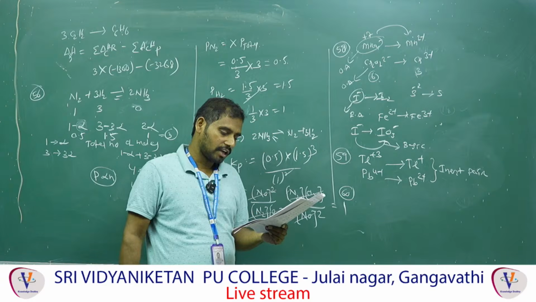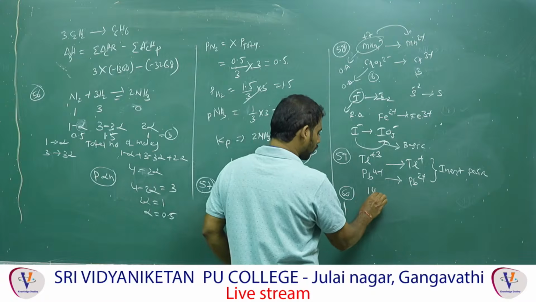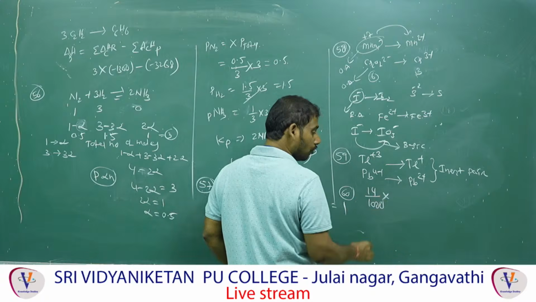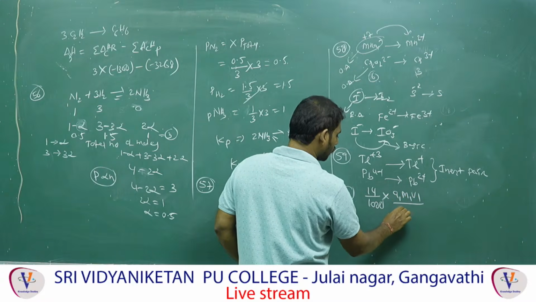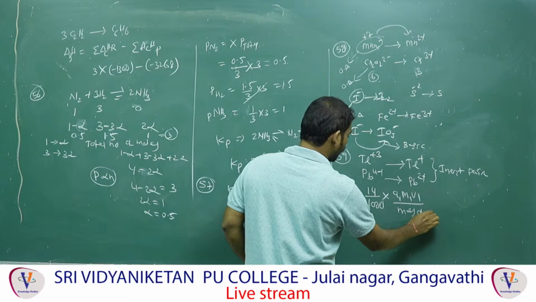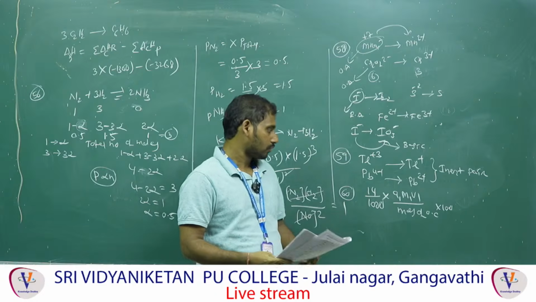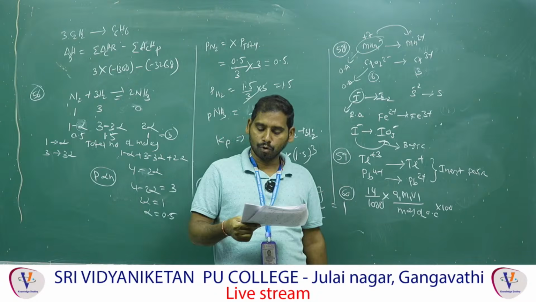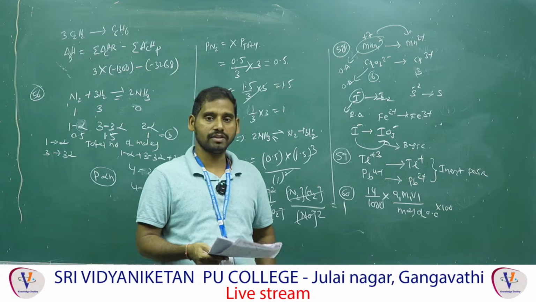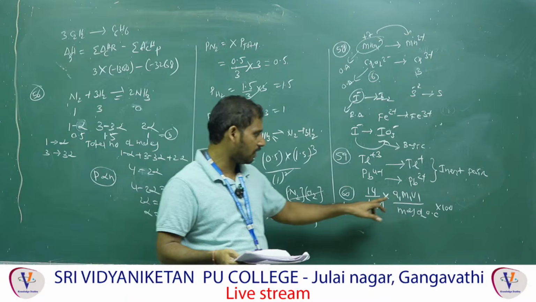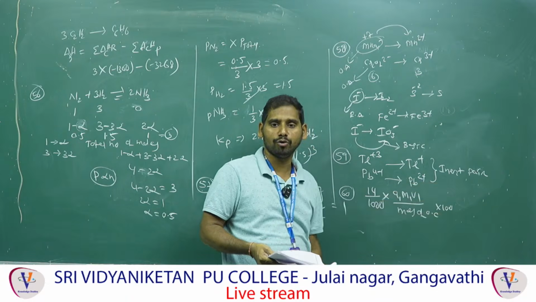Next one, 60. Observe the estimation of nitrogen by Kjeldahl's method. Kjeldahl's method formula is 14 by 1000 into A1 M1 V1 by mass of organic compound into 100. Here both acid and base are given, sulfuric acid and NaOH, so by the neutralization principle the numerator is A1 M1 V1 minus A2 M2 V2.